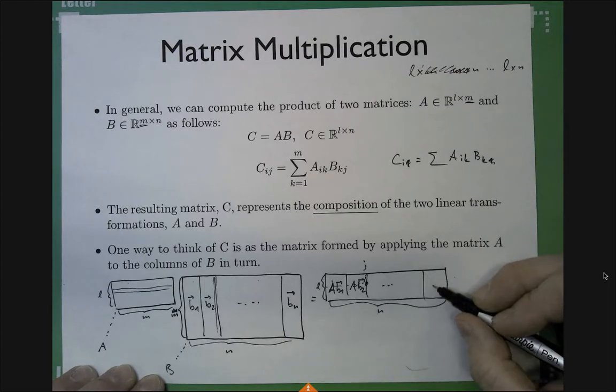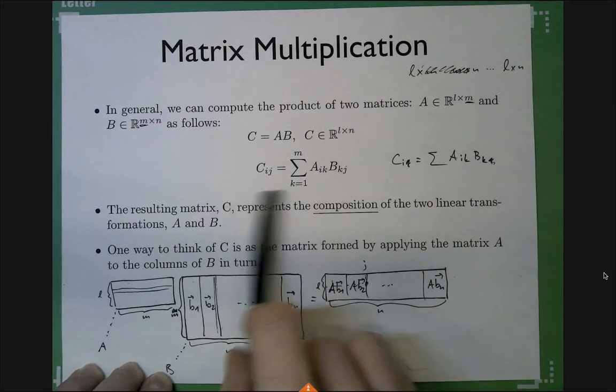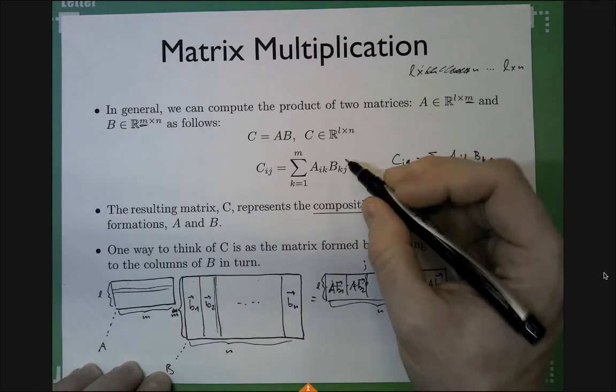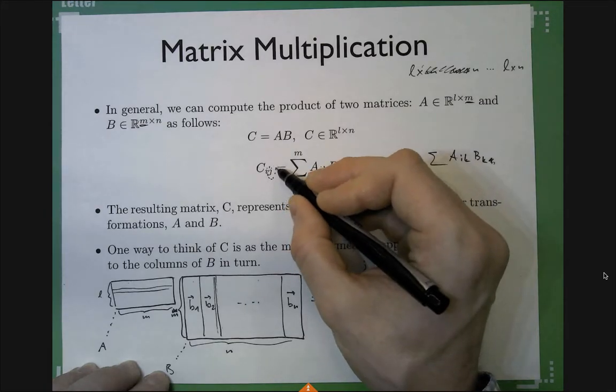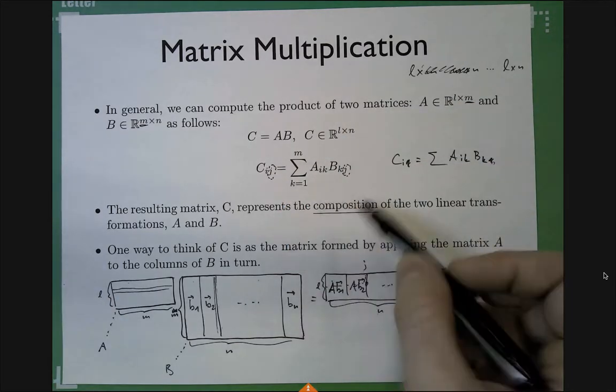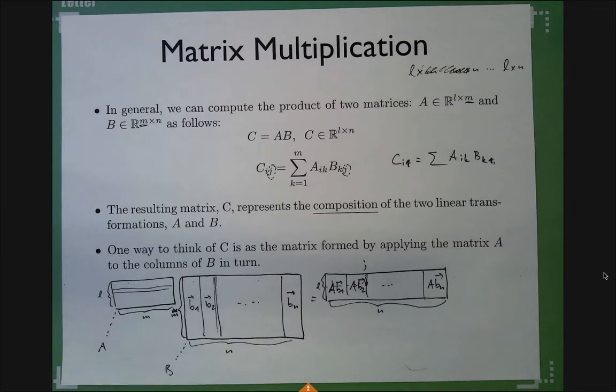Sorry about the mess here. It's all in this formula. If you isolate this J, or just loop over J from 1 to N, then this immediately follows.